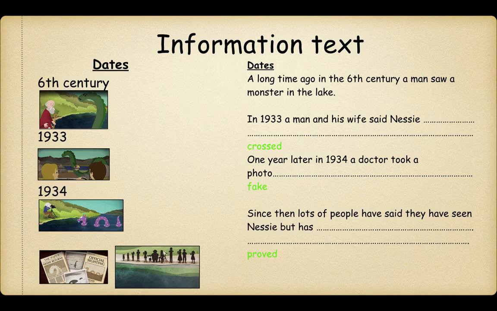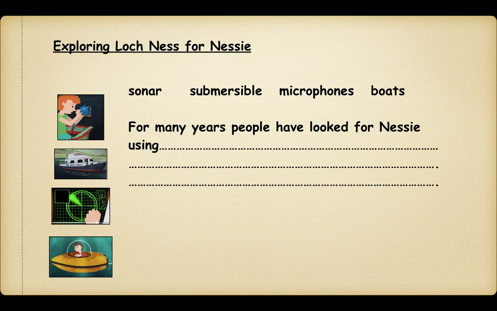Let's move to the next part of the information text. Over the years, many people have searched for Nessie. So I've put the heading Exploring Loch Ness for Nessie, and I've written some words above: sonar, submersible, microphones and boats.